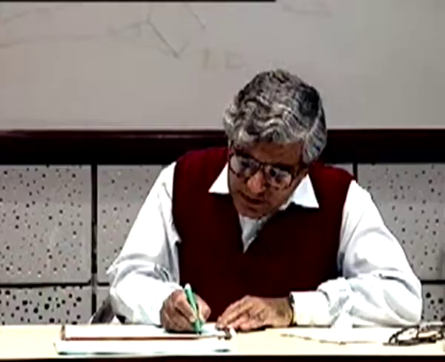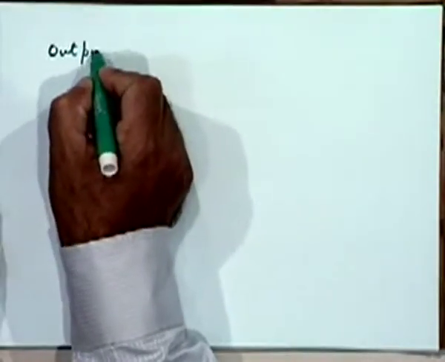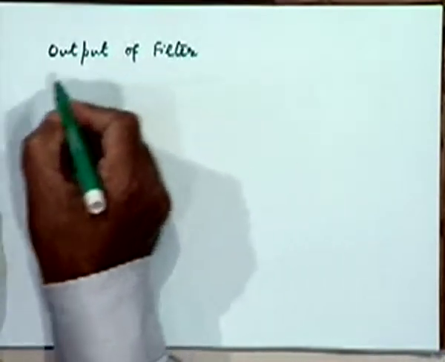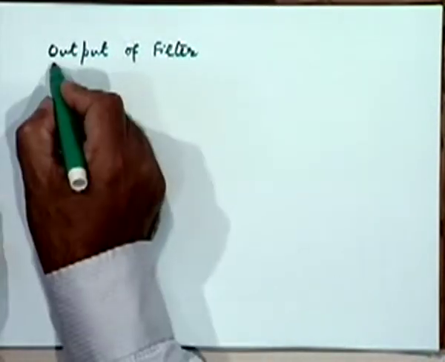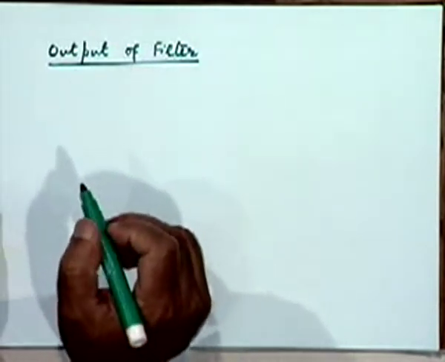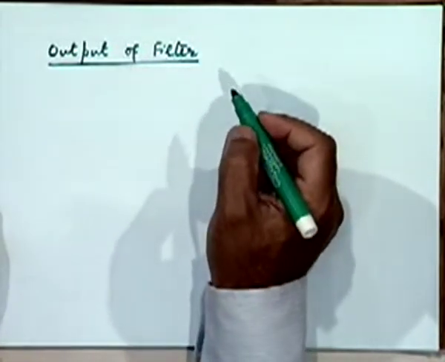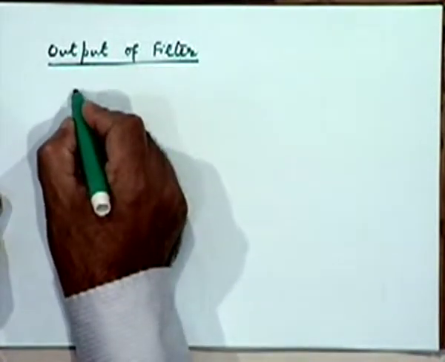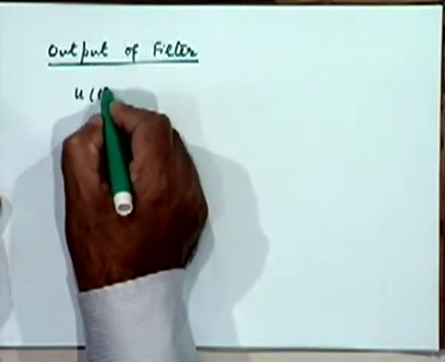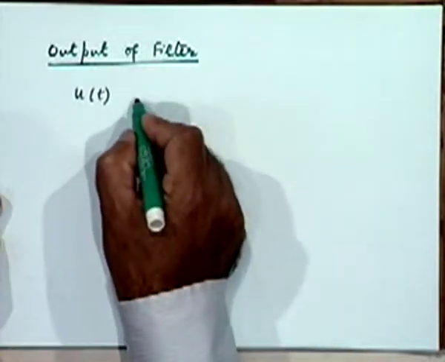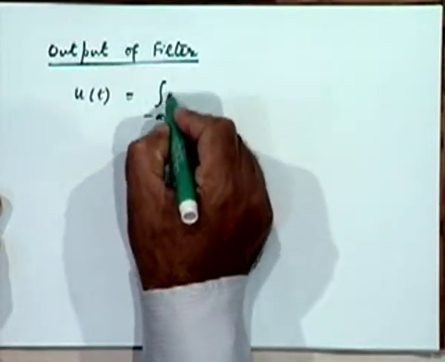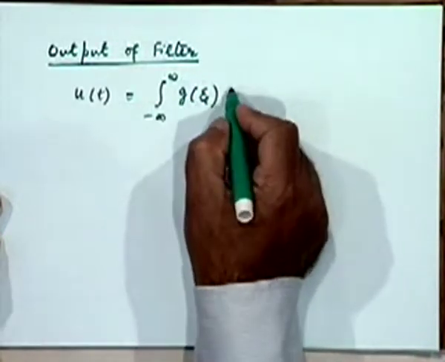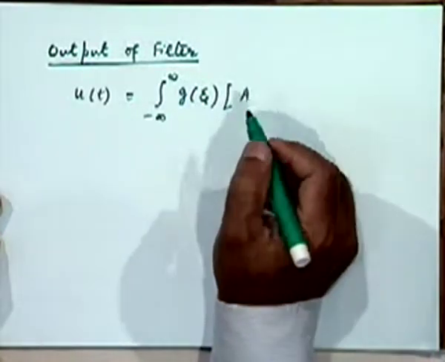Let us look at the output of the filter whose impulse response is g(t) and input is A s(t) plus n(t). Let us denote the output by u(t). It will be the convolution of the filter impulse response with the input, which is A s(t) plus n(t).